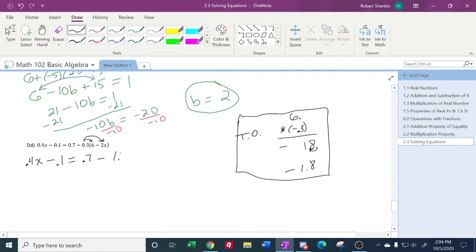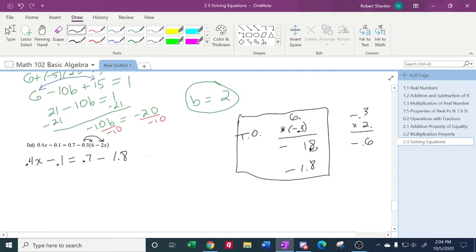Minus 1.8. And then negative 0.3 times 2. We do the same thing. We just multiply that positive times a negative, it's negative. 3 times 2, ignore the decimal, 6. Count back how many places. There was one total place.